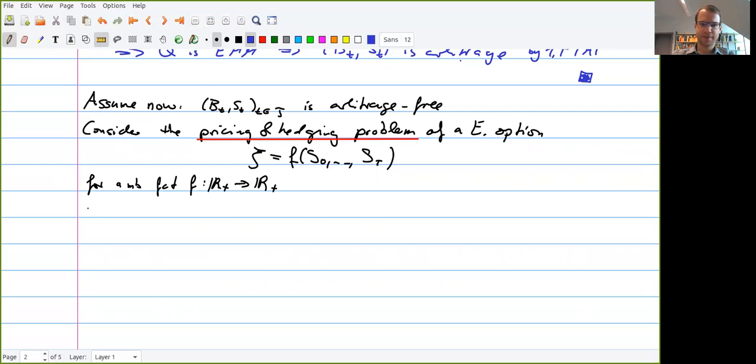So the first thing we know is there exists a unique equivalent Martingale measure Q. So we have this Martingale measure, and now since we have here a complete market, we know that the value process or the price process of the option psi is given by the discounted, so you have this discounting factor, and then you take your option.